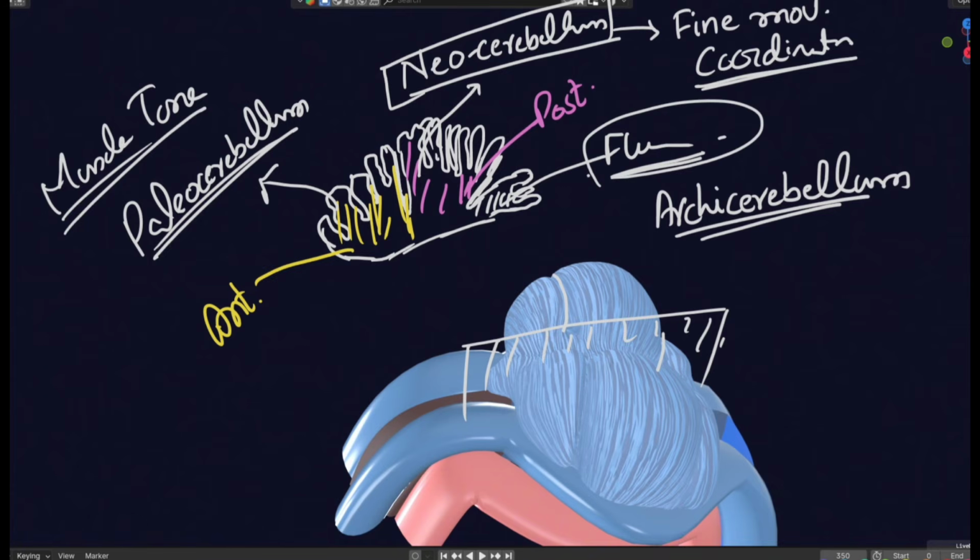About the flocculonodular lobe, that is fine, I agree with this. But regarding the paleocerebellum, saying that the anterior lobe is only involved with muscle tone and not with coordination, I think that is a bit far-fetched idea. I don't totally agree with this, but I won't go into this detail in this lecture.